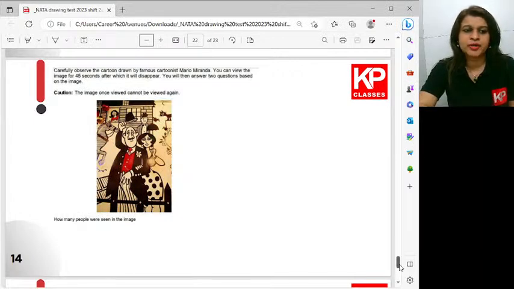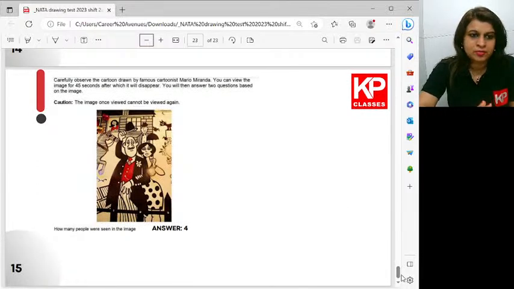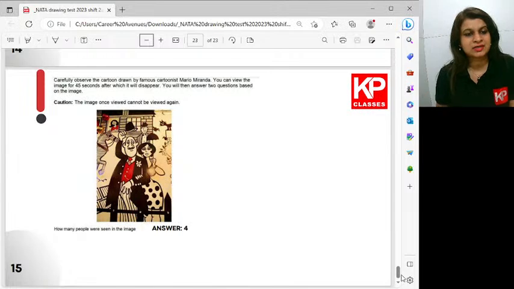It asks how many people were seen in the image. When the question is asked, you won't have the image in front of you, so whatever the important or main feature is, you have to observe it, and 45 seconds is a good amount of time. We see a lot of lines, a lot of dots. It's completely 2D.